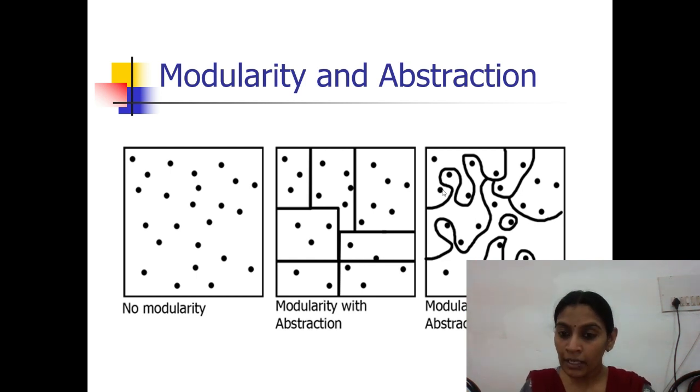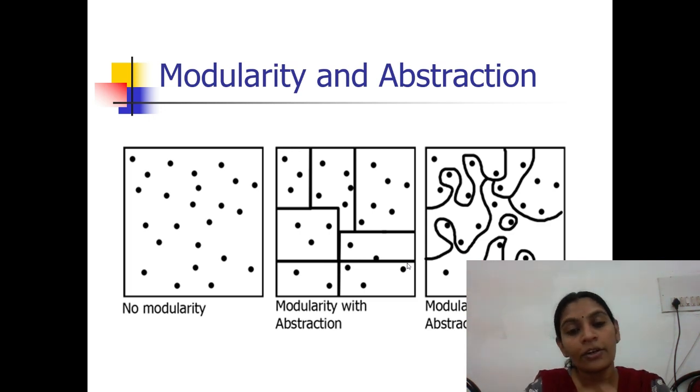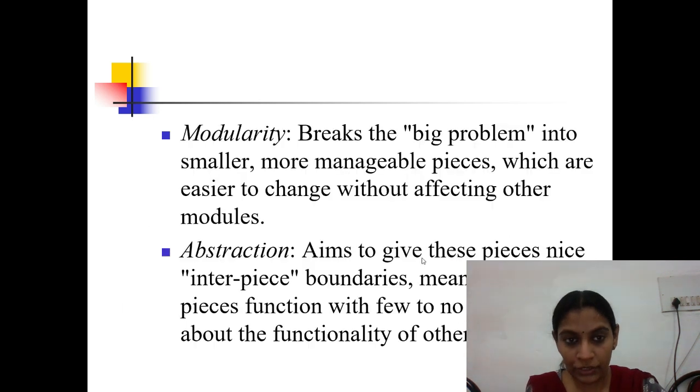So modularity is being obtained, but there is no abstraction. But in the second picture, you can see there is modularity with abstraction. So you know that this particular component belongs to one module, and it does not have to do anything with the other module, so that you know. So here in the first picture, you have modularity without abstraction.